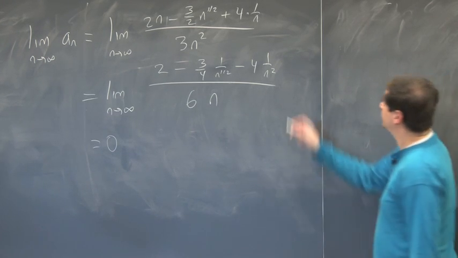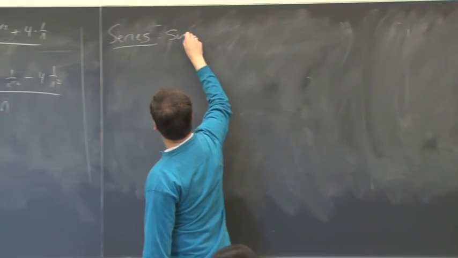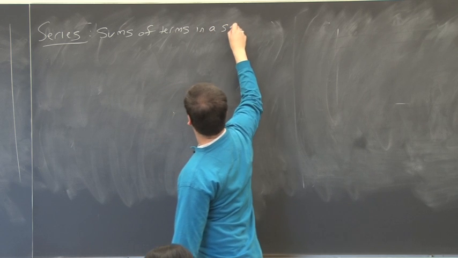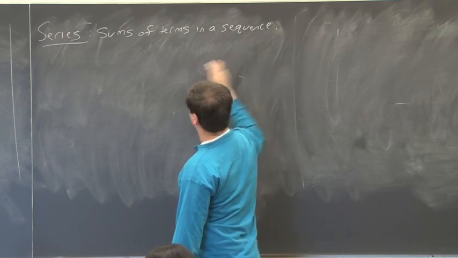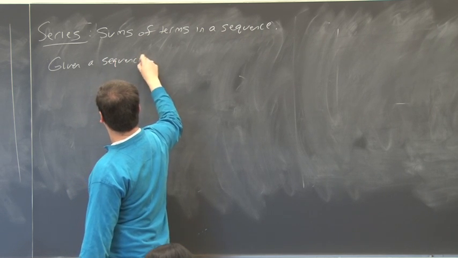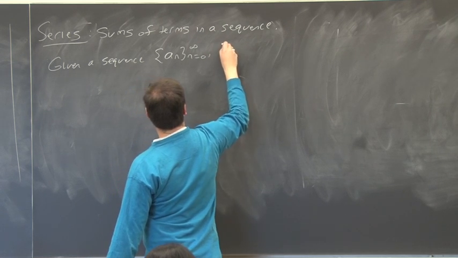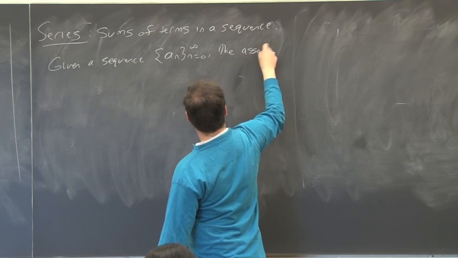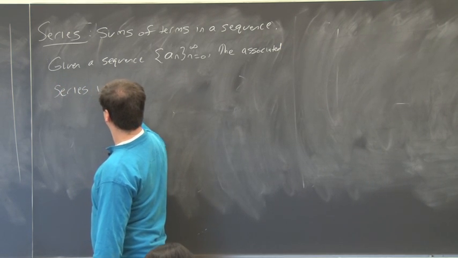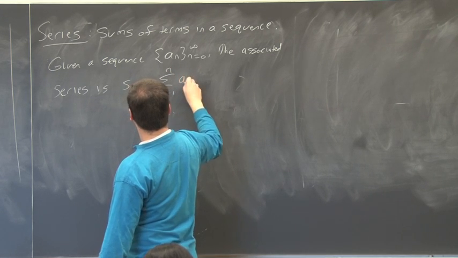All right, so the next topic is series. And these are sums of terms in a sequence. So given a sequence an, n goes from 0 to infinity, the associated series is Sn equals the sum k goes from 1 to n of an.